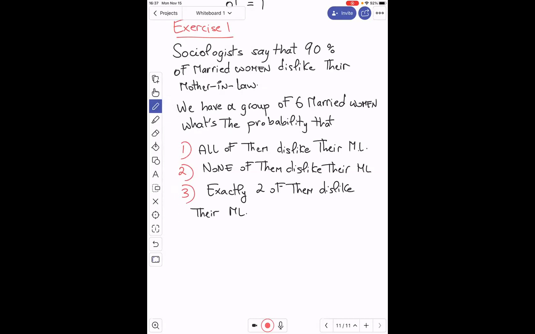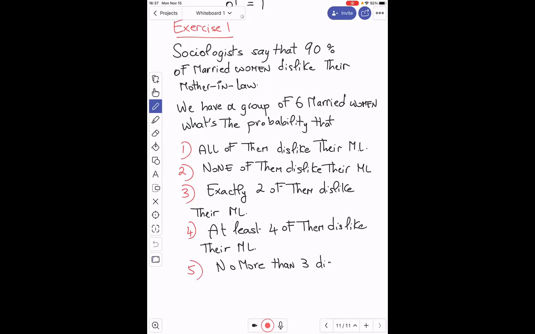For at least 4 of them dislike their mother-in-law. And the last one, no more than 3 of them dislike their mother-in-law. So no more than 3 of them, of course, dislike their mother-in-law.